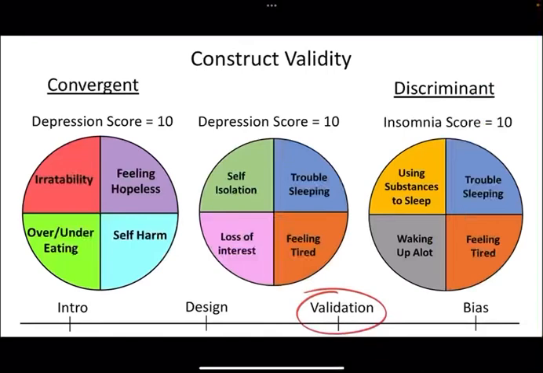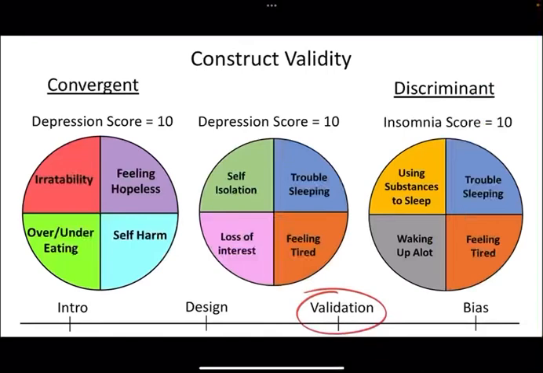But what we're hoping here is that there's going to be some agreement, but if we have like 100 people who take both our middle depression score and the right insomnia score, if there's perfect agreement between the two, then that's an indication that your survey is measuring insomnia more than it's measuring depression necessarily. There's going to be some agreement because these two conditions share some symptoms, depression and insomnia.